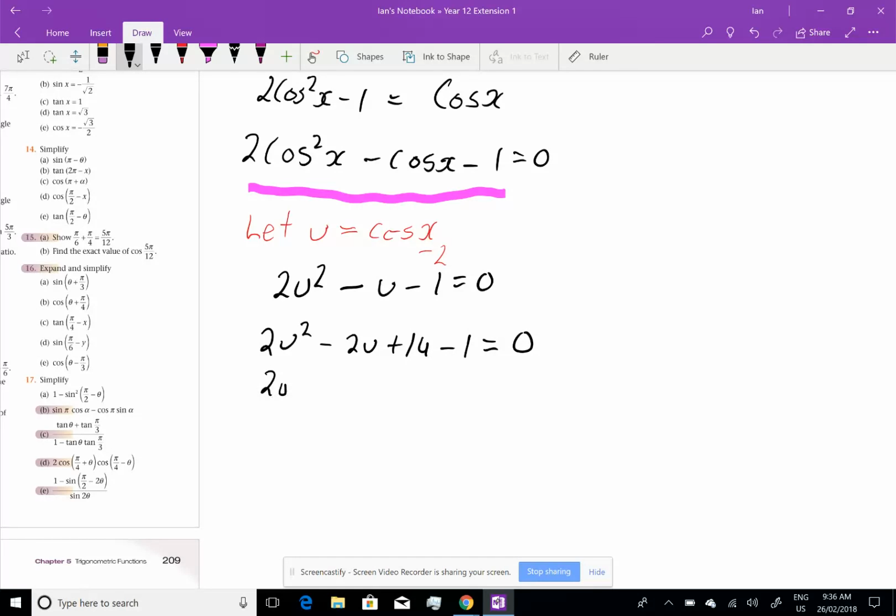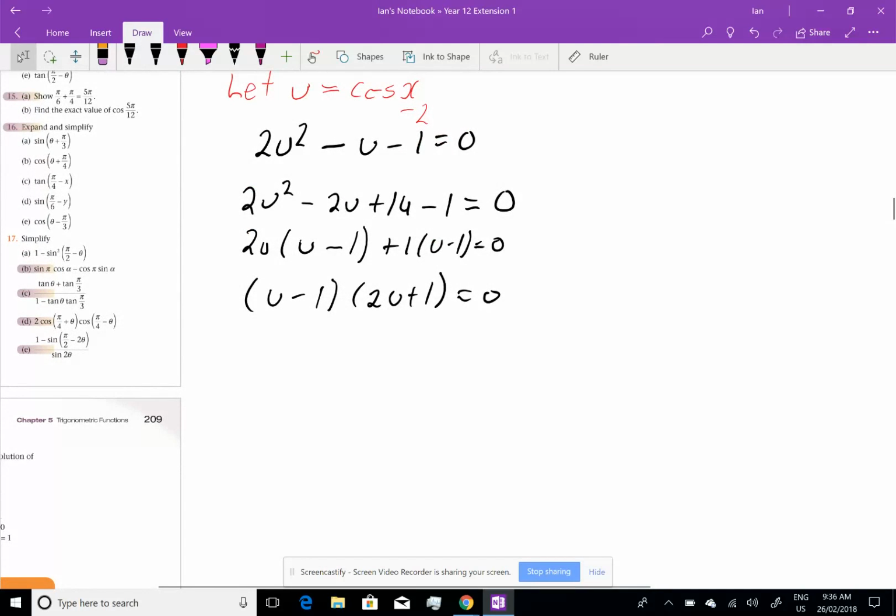I'll factorise that first one and get 2u times u minus 1, and here I've got plus 1 outside of u minus 1, which gives me u minus 1 times 2u plus 1.